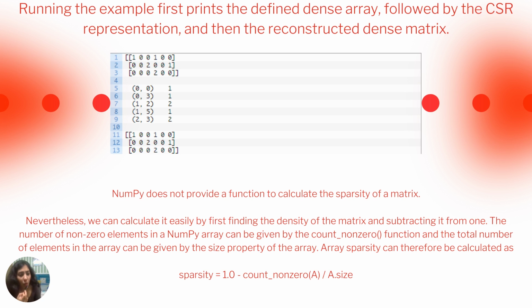The number of non-zero elements in a NumPy array can be given by the count_nonzero function, and the total number of elements in the array can be given by the size property of the array. Array sparsity can therefore be calculated with the formula given below.